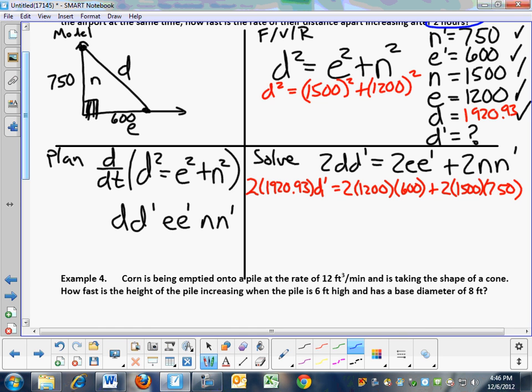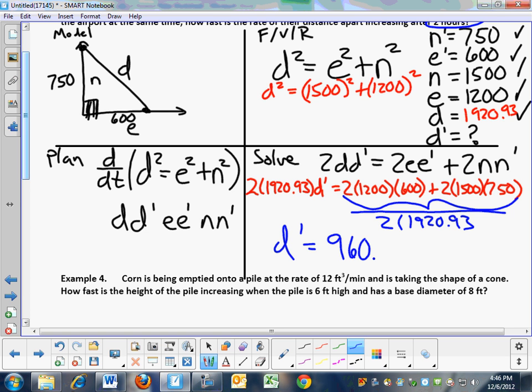If we combine these terms and then divide by 2 times 1920.93, we get d prime is equal to 960.47, and we're in miles per hour.